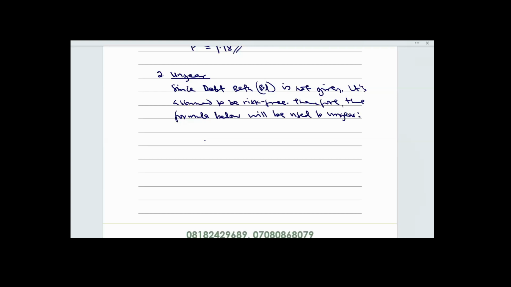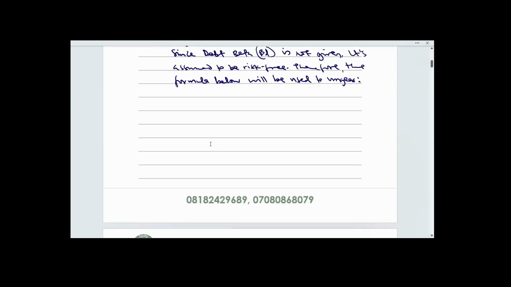Beta asset will be equal to beta equity of a geared company multiplied by equity value divided by equity plus debt times (1 minus tax). So that's the formula we are going to use.